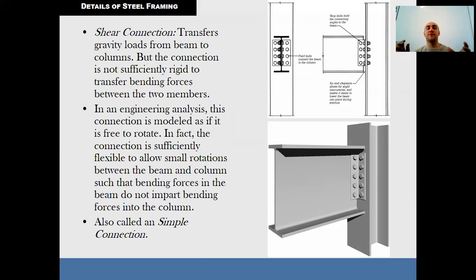If a frame is braced, a moment connection may not be required, as the bracing provides adequate lateral stability. These connections can help reduce the reliance on moment connections, which are often more complex and more costly.